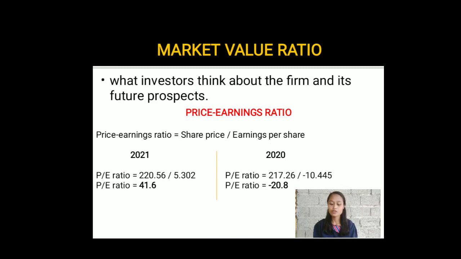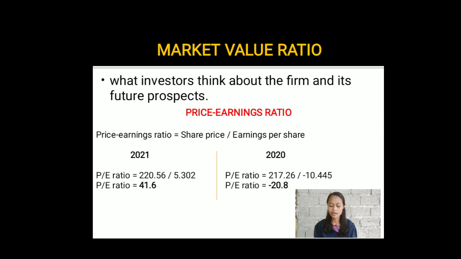The market value ratio shows what investors think about the firm and its future prospects. I'm getting its price earnings ratio. Price earnings ratio is equal to share price over earnings per share. In 2020, the price-earnings ratio is equal to negative 20.8.